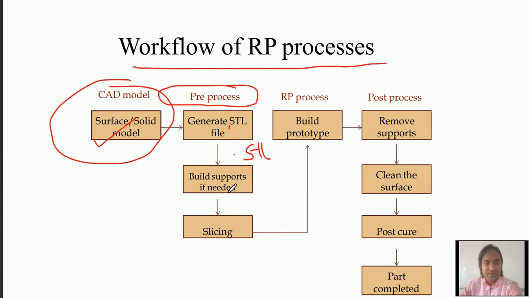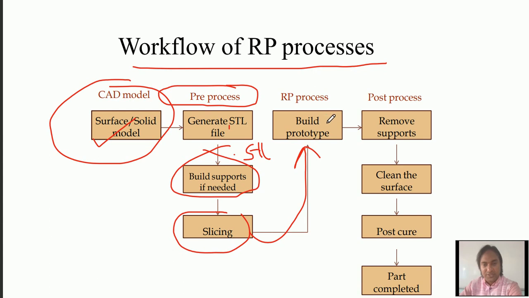Then build supports if needed and slicing is done. After that, the RP process, a rapid prototype process like 3D printing, builds the prototype, and then you need to do post-processing like removing supports, cleaning the surface, and post-curing, and the part is complete and ready for testing.